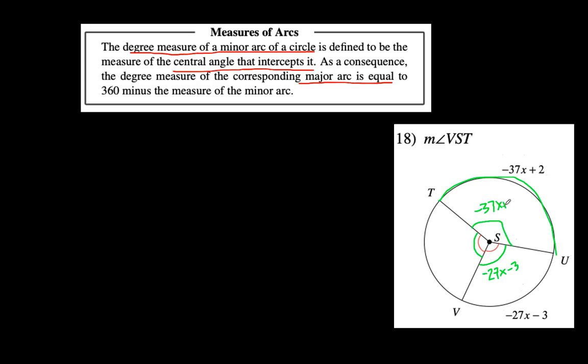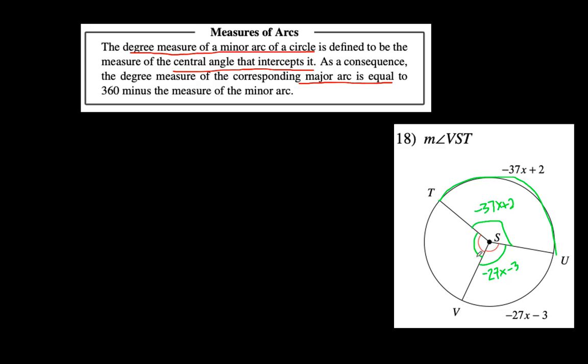Why is that true? Because the angles TSU and USV are both central angles, and they intercept the arcs UV for VSU and TU for TSU. So they are just equal to their intercepted arcs.